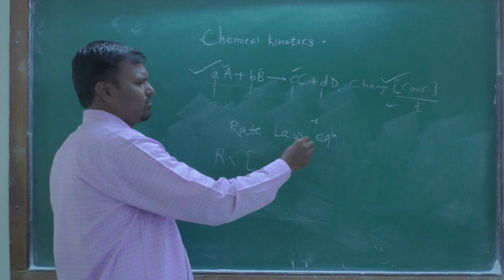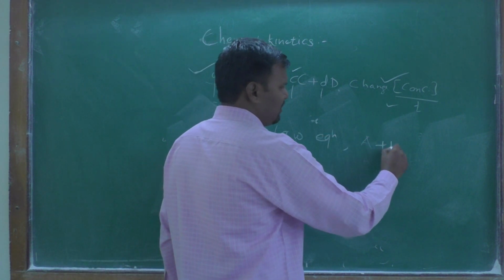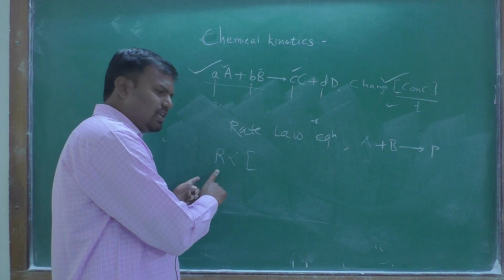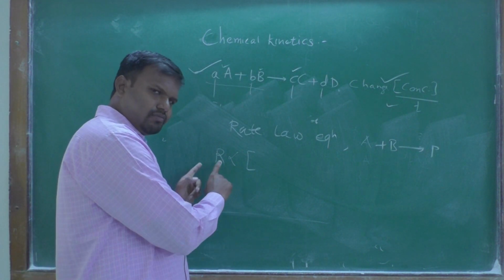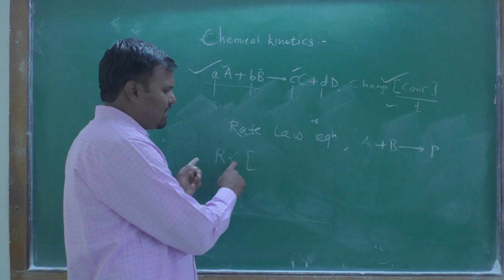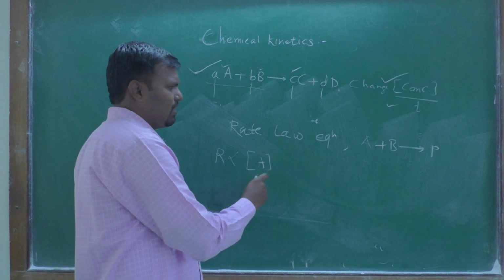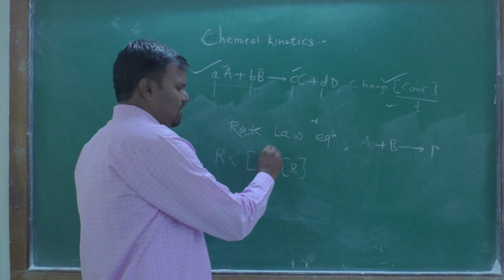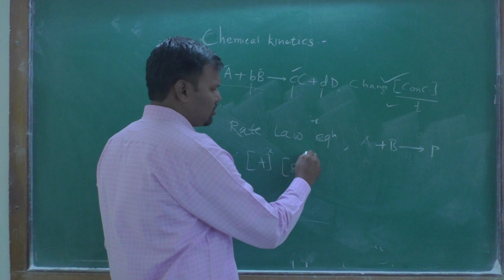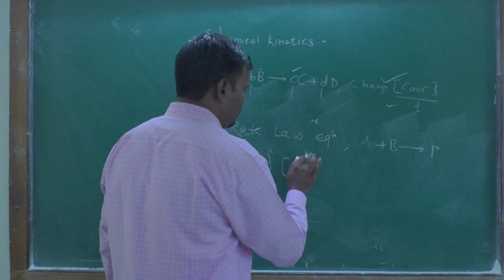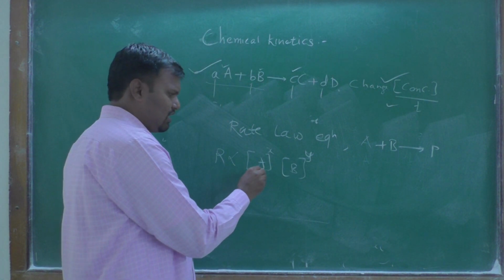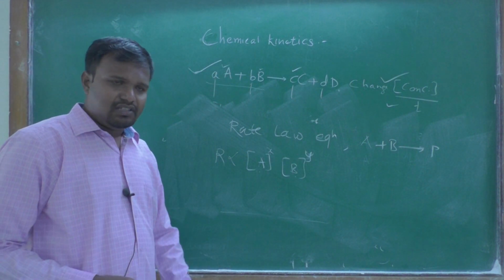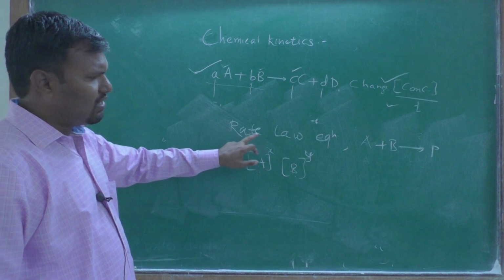Suppose we consider a reaction A plus B gives product. The rate of reaction is directly proportional to the concentration of A and the concentration of B, concentration A raised to x and B raised to y. These are the exponents. This is the rate law.